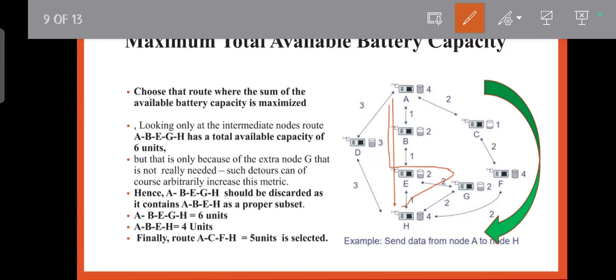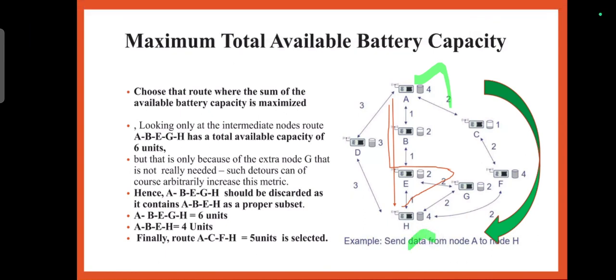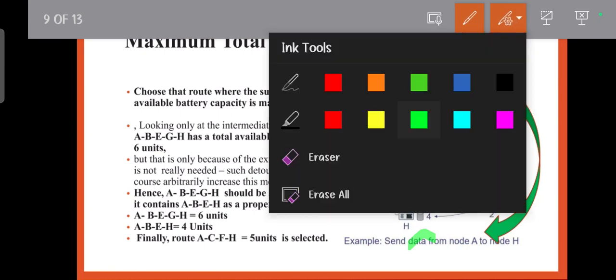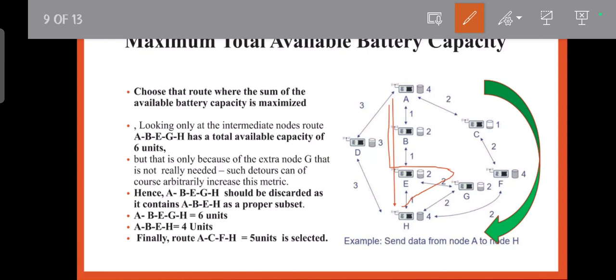Here we have 4 different paths for the connection from A to H. Among these 4 different paths, we have to calculate the maximum available battery capacity. We have to calculate the intermediate nodes' battery values only.